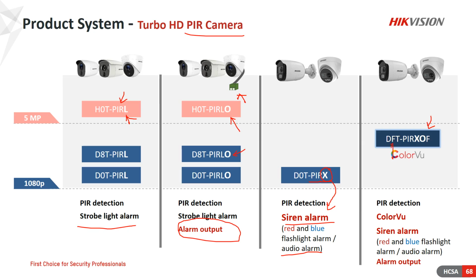It is a color view camera, it can support PIR, at the same time it can support the built-in siren and the red and the blue flashlight, and it can support the alarm output. You can connect the external siren, and F means the 4-in-1. 4-in-1 means it's going to output all kinds of analog signals. This is a very awesome model.